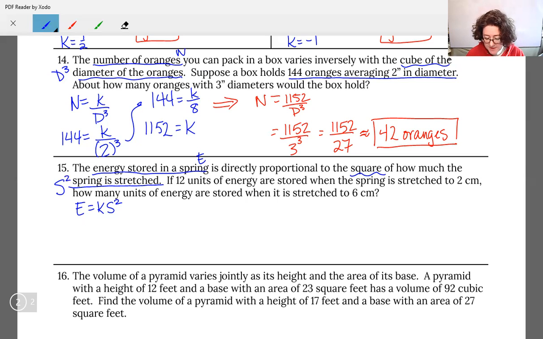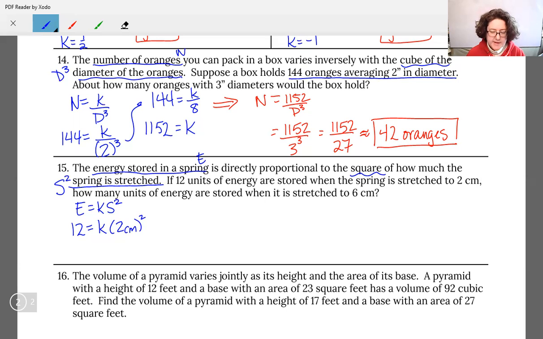So if 12 units of energy are stored when the spring is stretched to 2 centimeters, that will give us our K value. So 12 units of energy are stored when it's stretched to 2 centimeters. There we go. So actually, let's do this because they gave us the units and we didn't have to worry too much about the units in our previous problem. We were talking about number of oranges, but let's go ahead and write this in as 2 centimeters just to keep track of things.